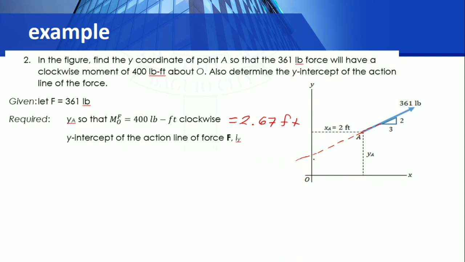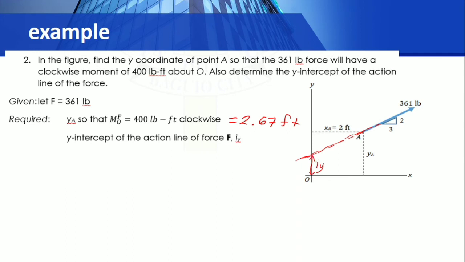So hanapin natin yung y-intercept. So yung y-intercept niya is ito, di ba? Kapag diniretso natin itong force, i-intersect niya yung y, kaya tinawag na y-intercept. So hahanapin natin to, which is yung y. So yung distance nitong ating from the y-intercept hanggang dito sa ating sentro.